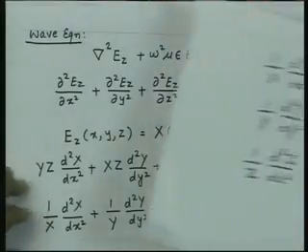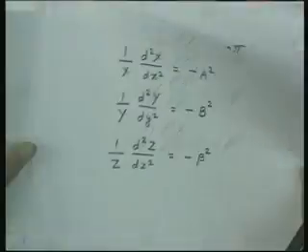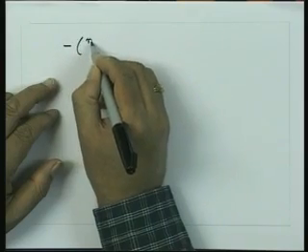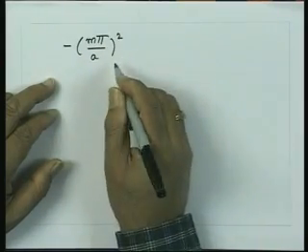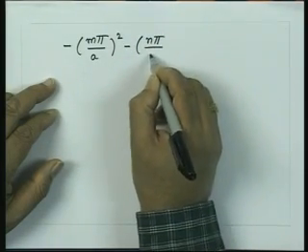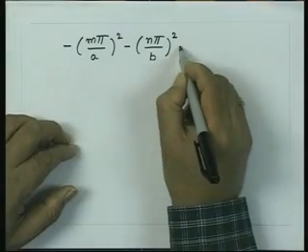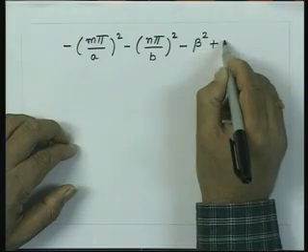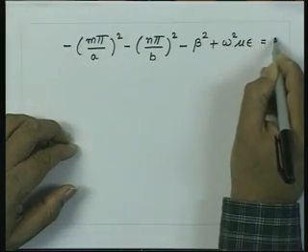So, we can go back and substitute into this to get a relation which is minus (m pi by a) whole square minus (n pi by b) whole square minus beta square plus omega square mu epsilon is equal to 0.